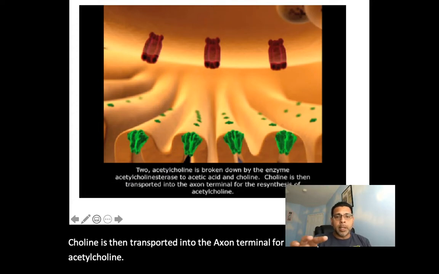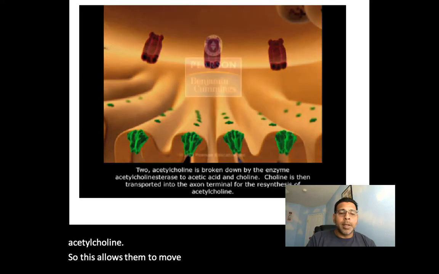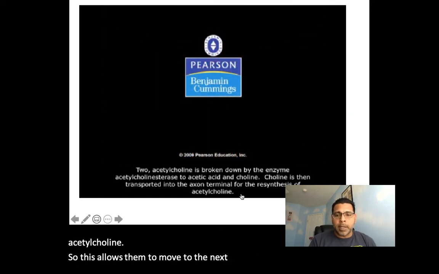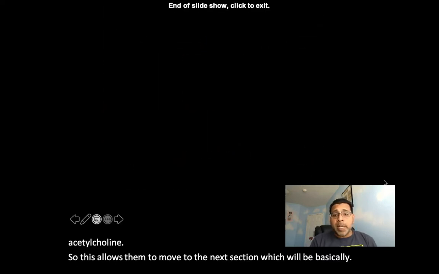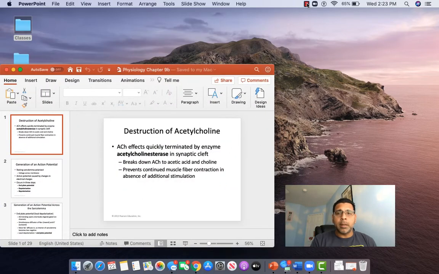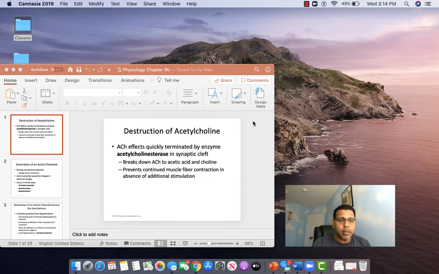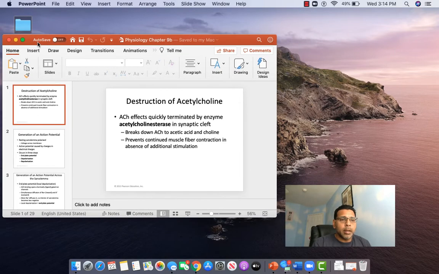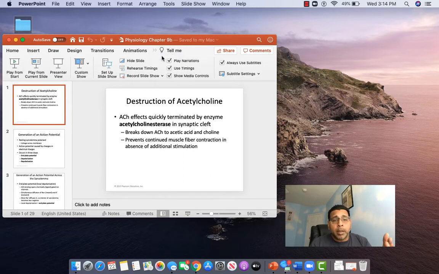So this will allow us to move to the next section, which will be basically 9B. So here we can close out of this screen and open up 9B. We've gone through these first parts in relation to slides 9B.